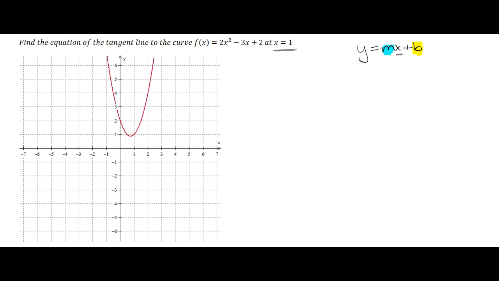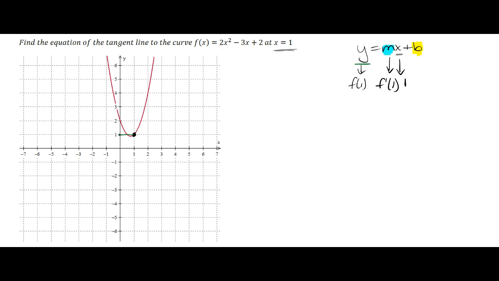Well, we already know that the slope of that tangent line at this point is going to be equal to the f prime of 1. And we know that the x is going to be 1, and we also know that the y is going to be the f of 1, because that's how we find the y value.